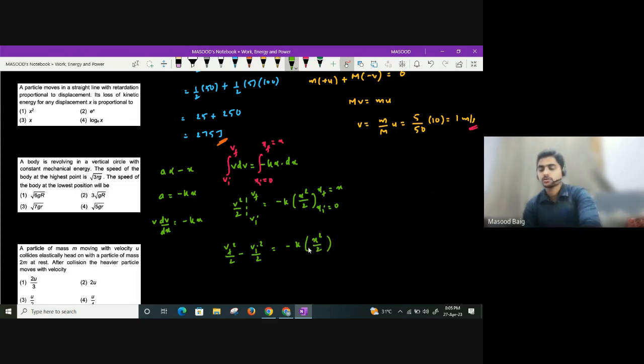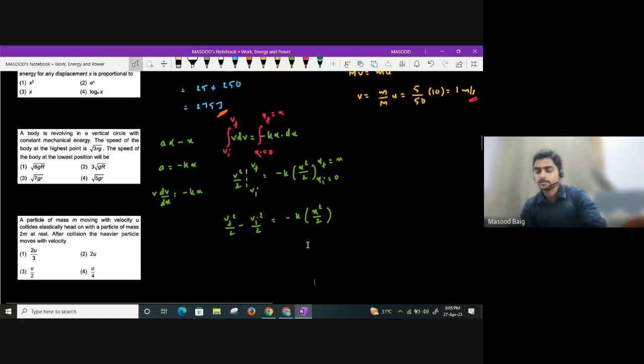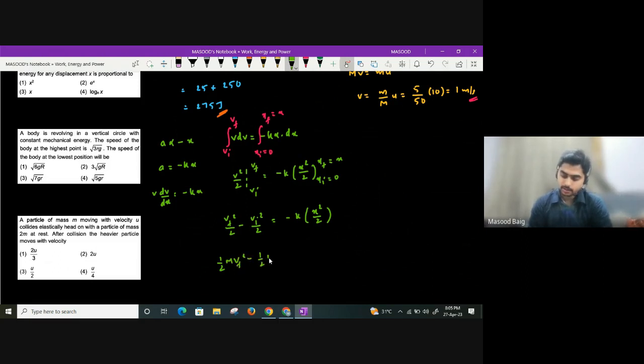Yes or no? So if I multiply with mass, what will I get? I'm going to get half into m into v final square minus half into m into v initial square should be minus mk into x square divided by 2. So what is this? Final kinetic energy minus initial kinetic energy will be equal to minus mkx square divided by 2.